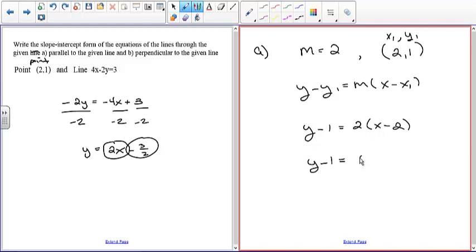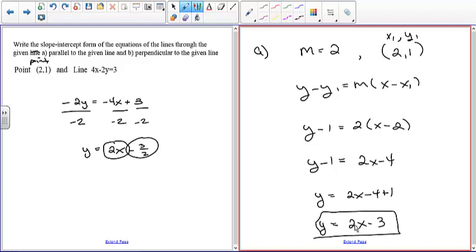Multiply this out, 2x minus 4, move the -1 to the other side, 2x minus 4 plus 1. So we get y equals 2x minus 3. So that's the answer for the first part. You see it has the same slope, 2, 2, there's 2, there's 2. They have different y-intercepts because they're not the same line.